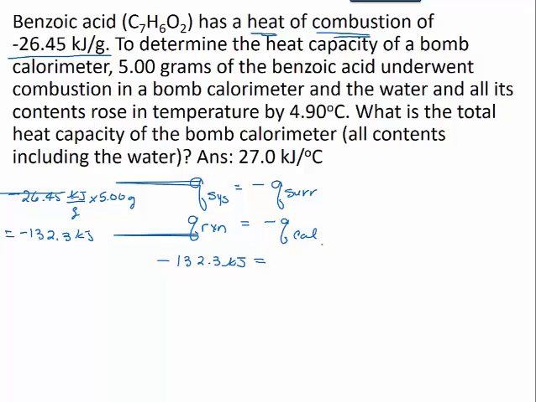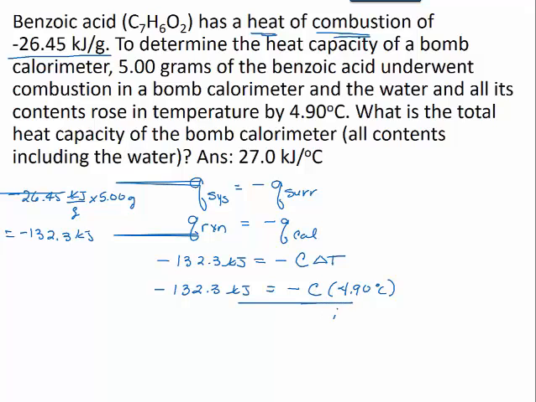So what am I going to put in for the calorimeter? Well, I'll bring down my minus, and in place of the Q of the calorimeter, I'm going to replace it with C delta T, because I want to know the heat capacity of the calorimeter. Well, let's go ahead and replace this delta T with what they tell me. The temperature rose by 4.90 degrees Celsius. So a negative 132.3 kilojoules is equal to a negative C times the 4.90 degrees Celsius.